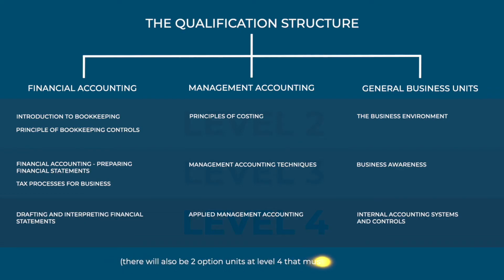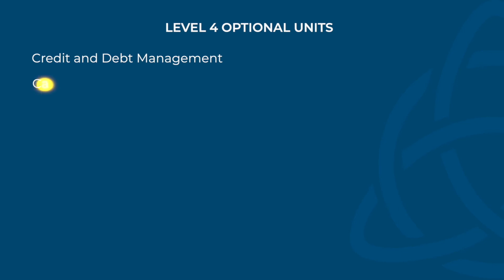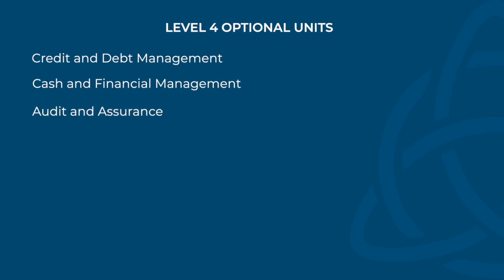This looks at other aspects of managing the accounting function within a business and looks at ways of identifying and managing risk. At Level 4 there will also be two optional units that you need to select. The available options are Credit and Debt Management, Cash and Financial Management, Audit and Assurance, Personal Tax, and finally Business Tax.